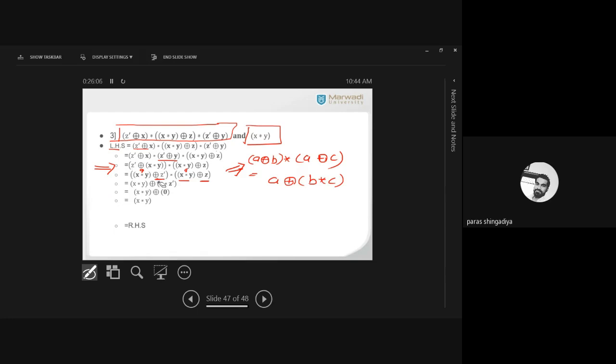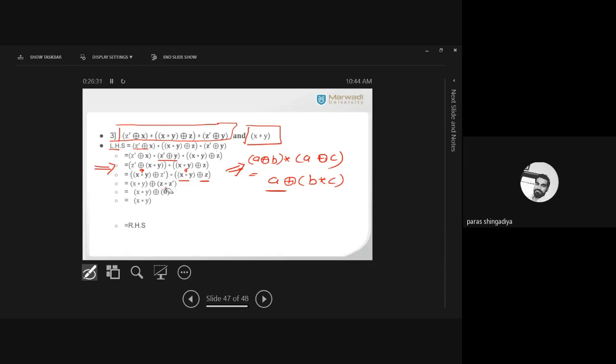So we get x star y ring sum z' star z. Here z' is first, but you can rearrange this to derive the answer: z' star z.